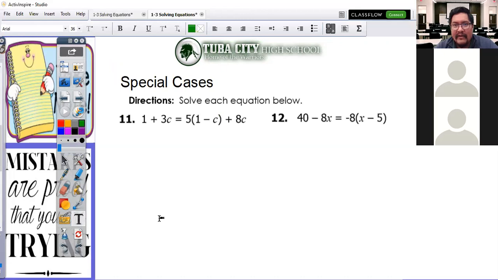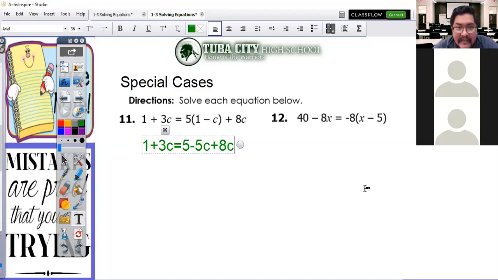So these are kind of rare. So what's going on? Now be careful, because there are 2 types of special cases. Now let's just do this one here and just use our regular way of doing things.